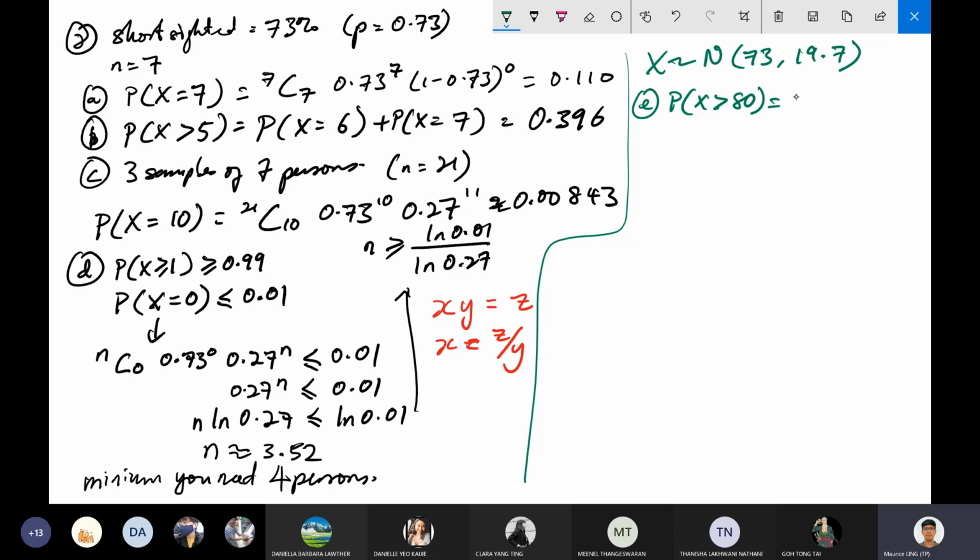Here you have P, Z is more than 80 minus 73 divided by square root of 19.7. Then this gives you P, Z is more than 1.58, approximately 0.0571.